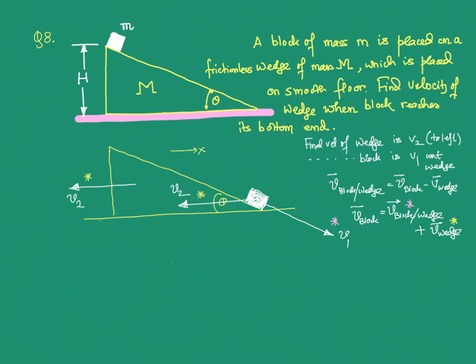So that's the x-axis and that's the y-axis. If you split this into components, as this is theta, you have v1 cos theta, and v1 sin theta.